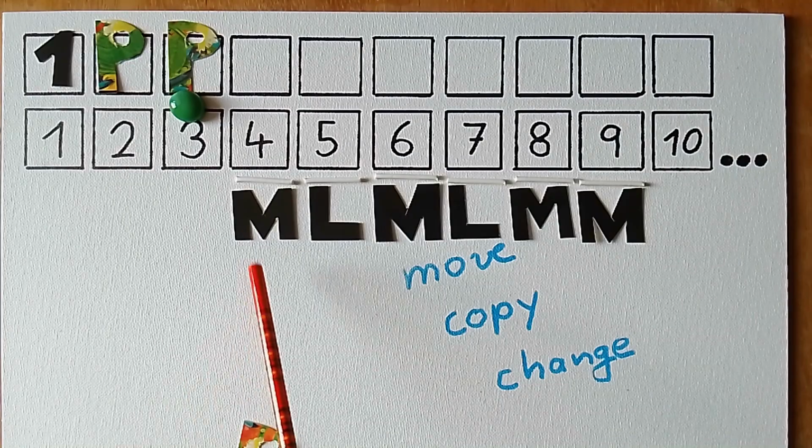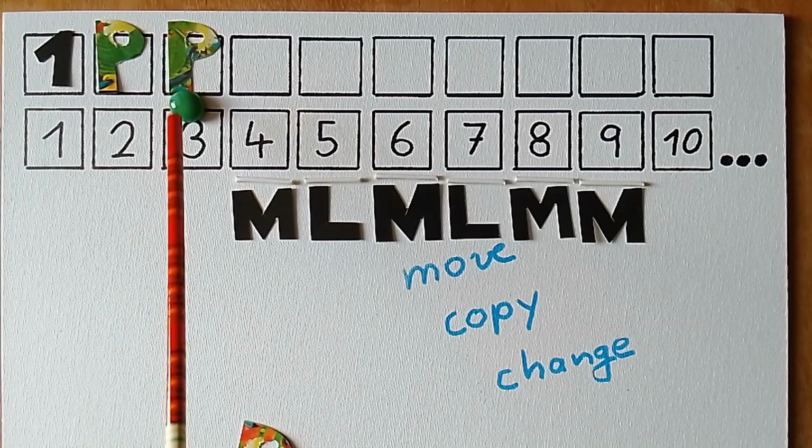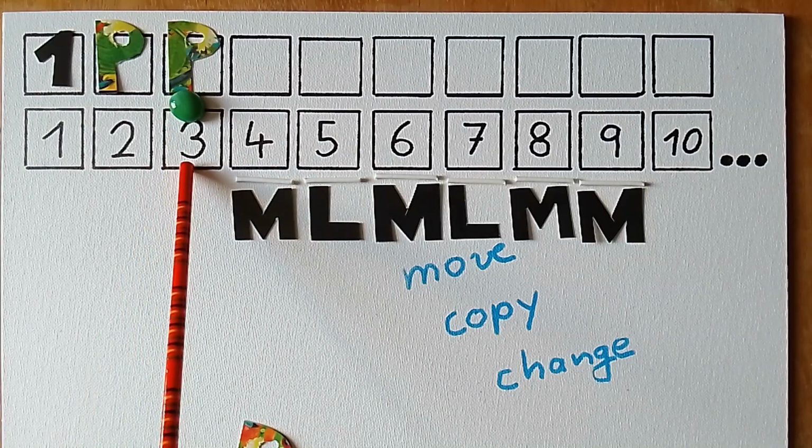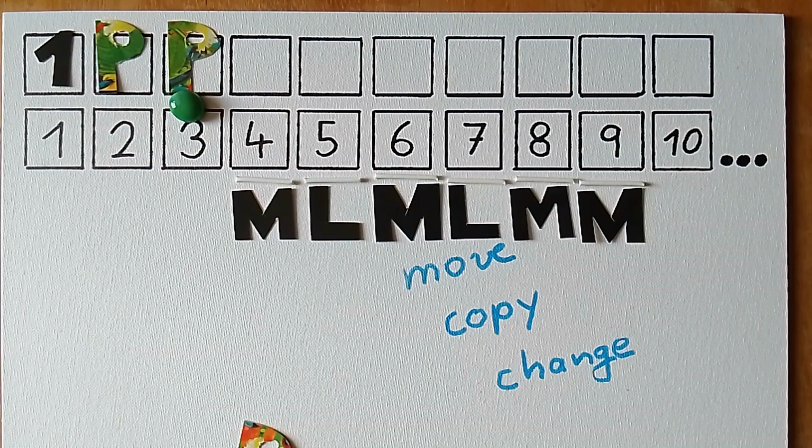We've got ML, ML, MM. And from this standpoint of the 3, if you look at all the natural numbers to infinity, this pattern repeats itself: ML, ML, MM.